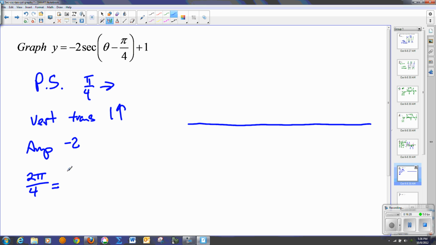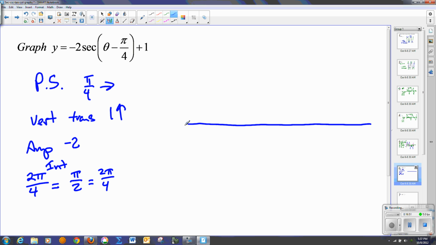So I'm still going to label from pi over 2 on. Now you'll notice once again my phase shift is pi over 4 back, but my intervals in this case are pi over 2. So I'm going to, instead of pi over 2, use fourths. So that's 2 pi over 4.